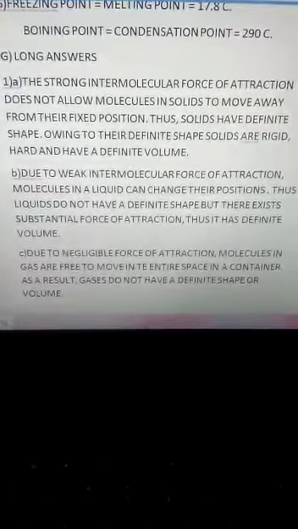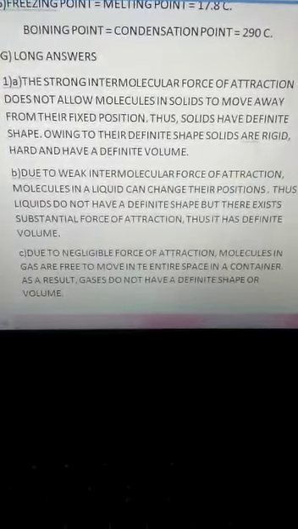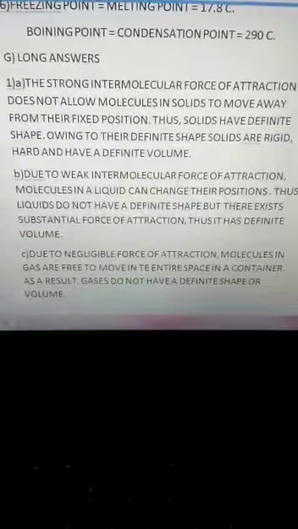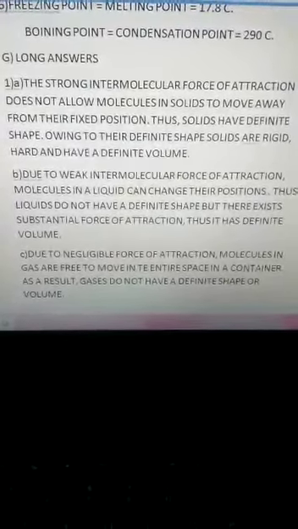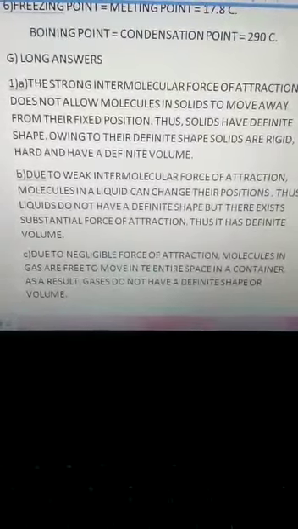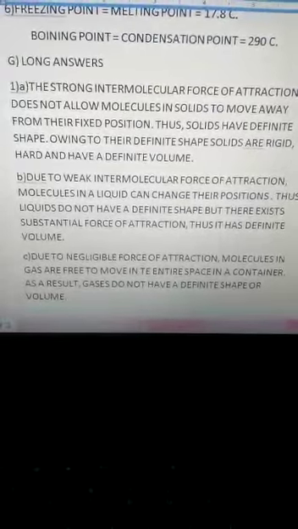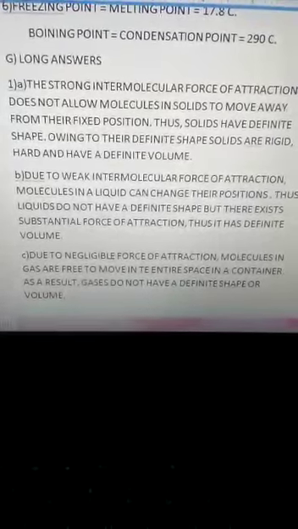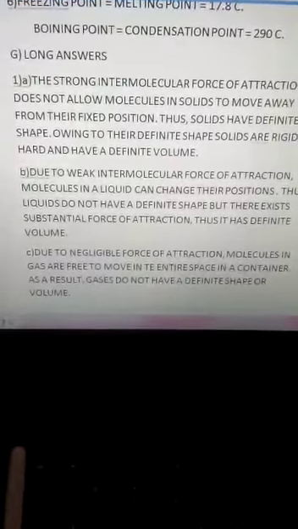For liquids, weak intermolecular force of attraction. Due to that, they can change their position, so they do not have a definite shape, but the force is enough to overcome. Thus, it has definite volume. In gases, negligible force of attraction, so molecules can freely move entirely in the container. As a result, they do not have a definite shape or volume.